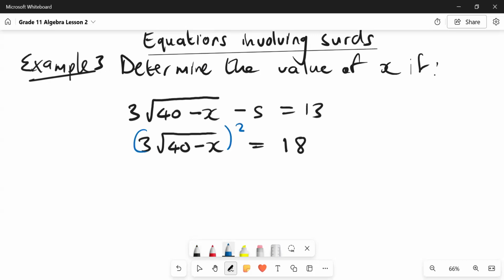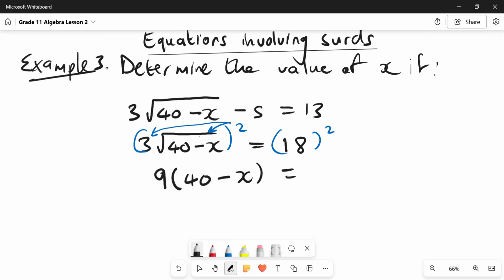You square everything. When you square, 3 will share that 2 with the set, so 3 squared will give us 9. Root and that square will cancel. Now you'll have 40 minus x equals 324.